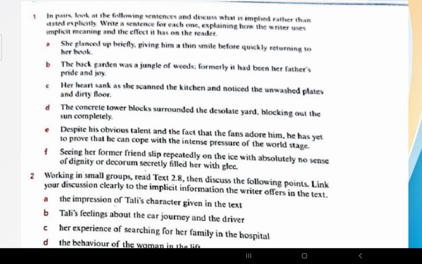So when she saw that person who was just slipping on the ice in a clumsy state, inside her heart she was happy that the person was being ridiculed by the people. So basically she was enjoying the misery of that person.